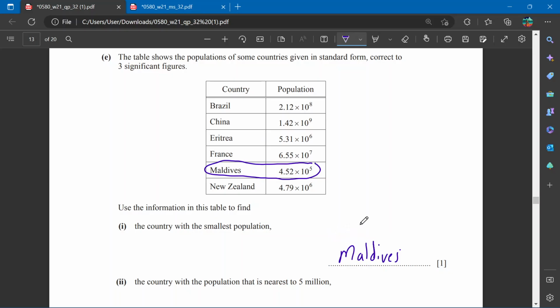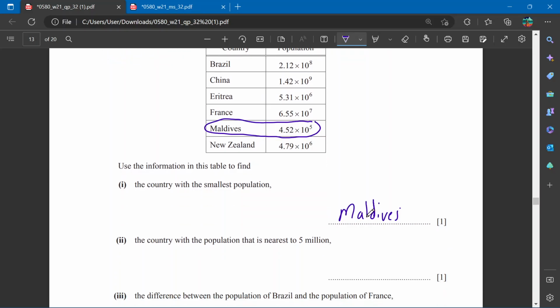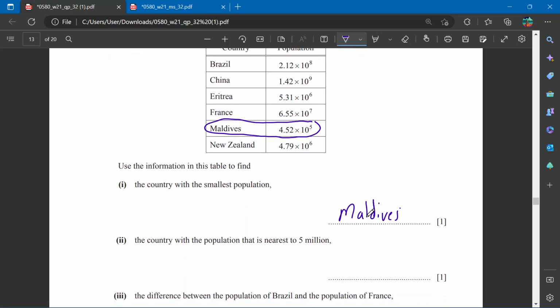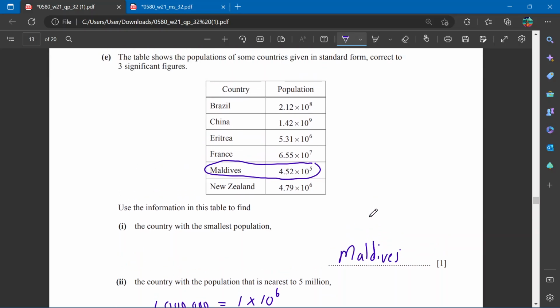Okay, the country with the population that is nearest to 5 million. Okay, what is a million? Million, of course, is a 1 with 6 zeros, which in standard form would be 1 times 10 to the power of 6. So I'd recommend we look at the numbers which have a 10 to the power of 6, and there's 2 of them.